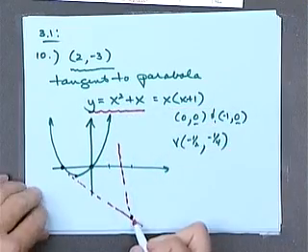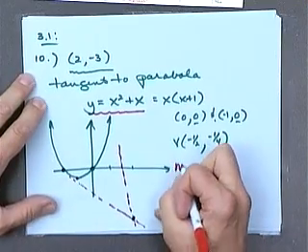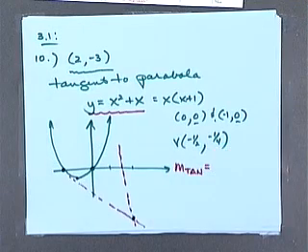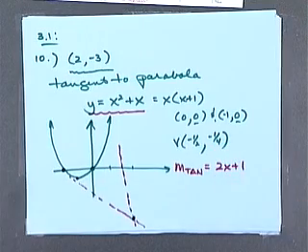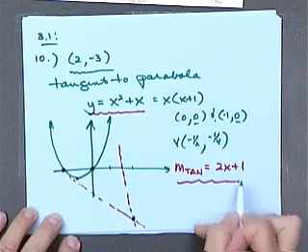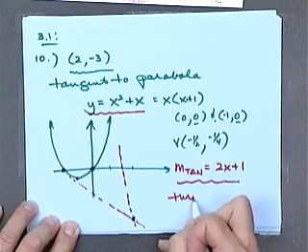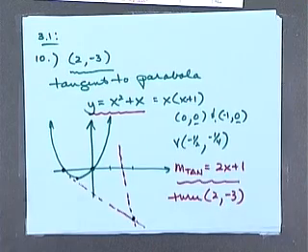So we know that both of these tangent lines have what for their slope, since they're tangent to this parabola? 2x plus 1. Is that all right? So the slopes of the tangent lines are 2x plus 1. We also know that both of these tangent lines go through the point 2, -3.